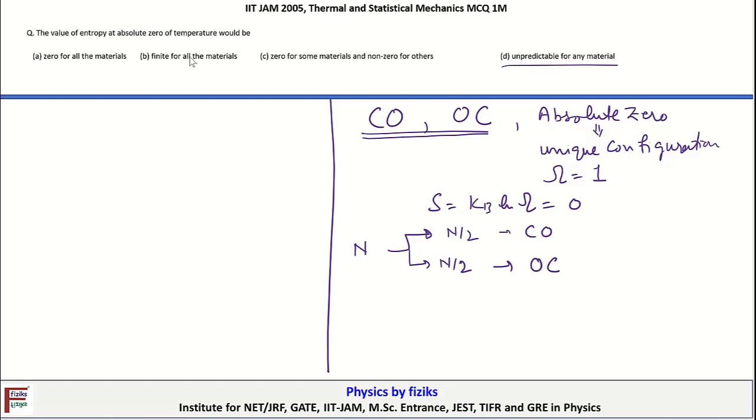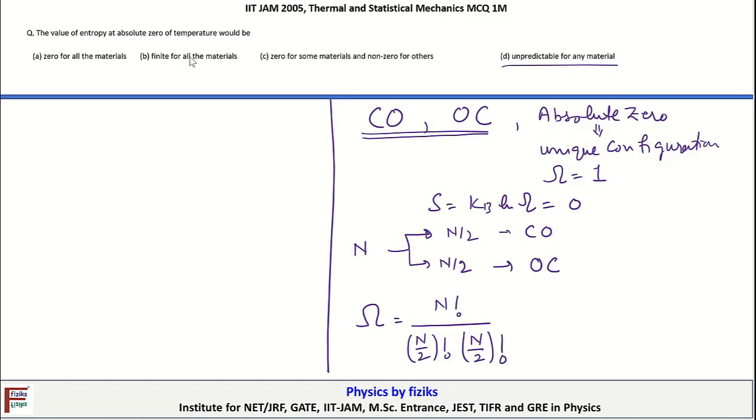Therefore the corresponding number of microstates at absolute zero will be: the total number of gas molecules, N factorial arrangements, out of which N/2 molecules are aligned like CO, so N/2 factorial arrangements, and then N minus N/2 factorial, which gives N/2 factorial again.